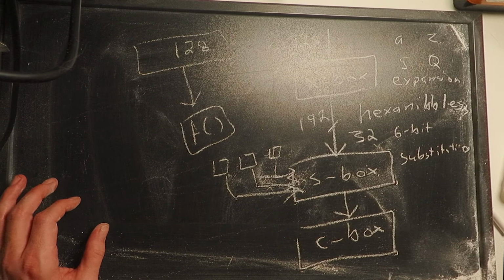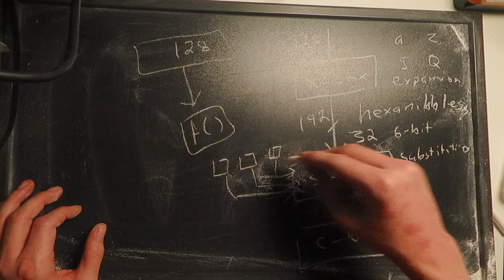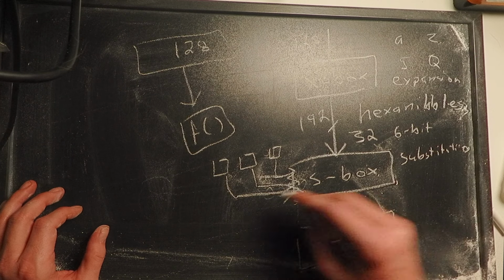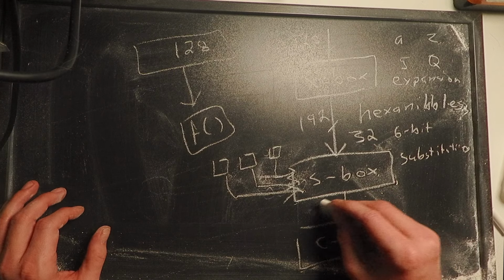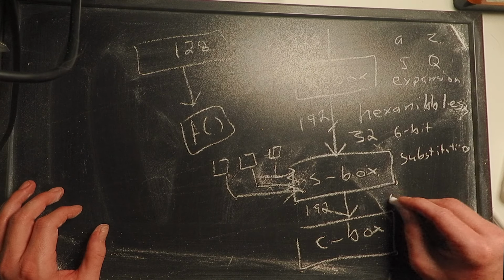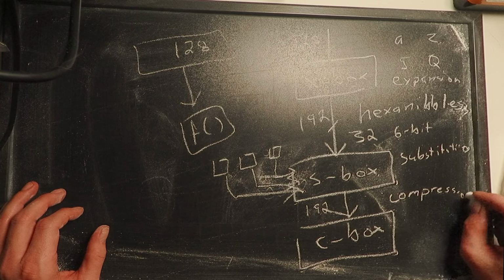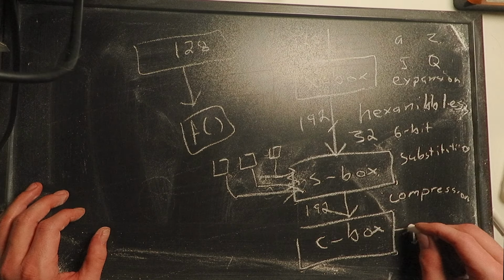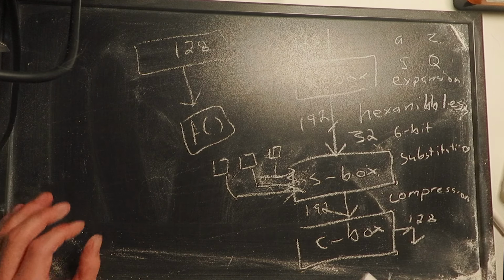So it's a lookup table. And when all of these substitutions of 6 bits each has occurred, it will reassemble it into a 192 bit number, which is being fed into the C box, which is the compression box. And as you can imagine, the compression box compresses it down to 128 bits again. And that's the output of the f function. And then it goes back in.